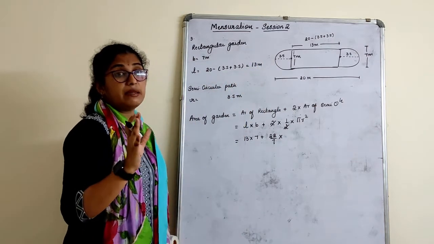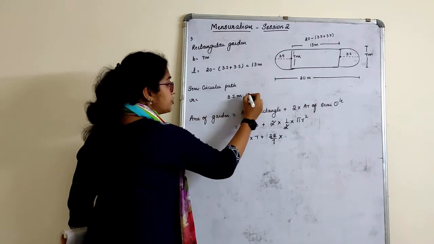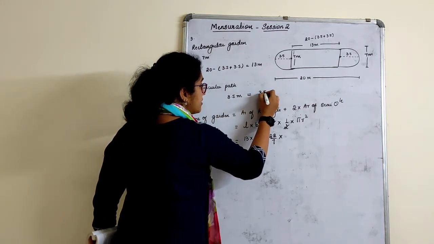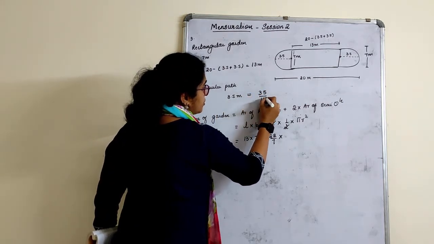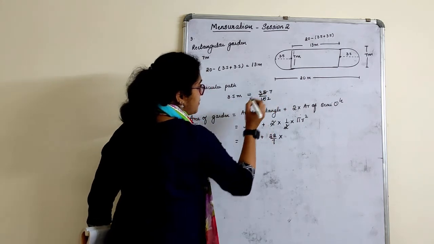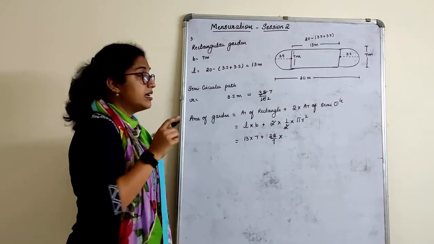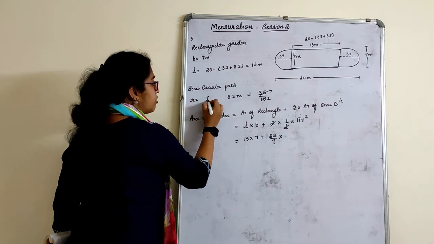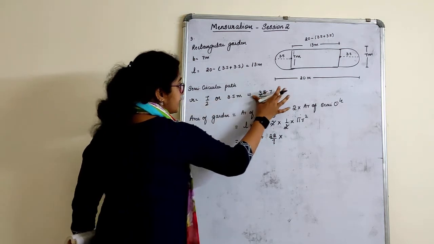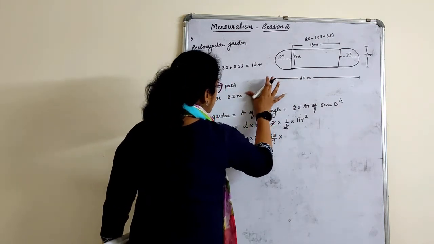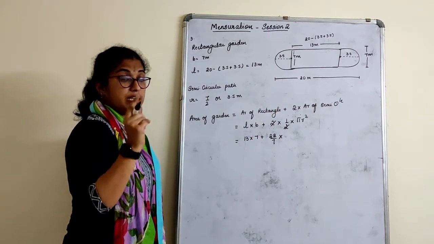They only have given 3.5. At that time I will write this as 35/10. So 5 2s are 10, 5 7s are 35. I will write it like this. So make sure that any terms are always written in terms of fraction for easy calculation.